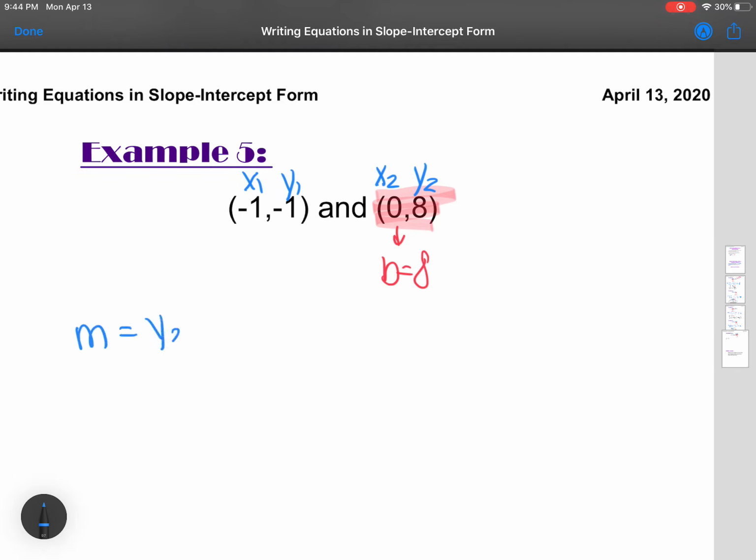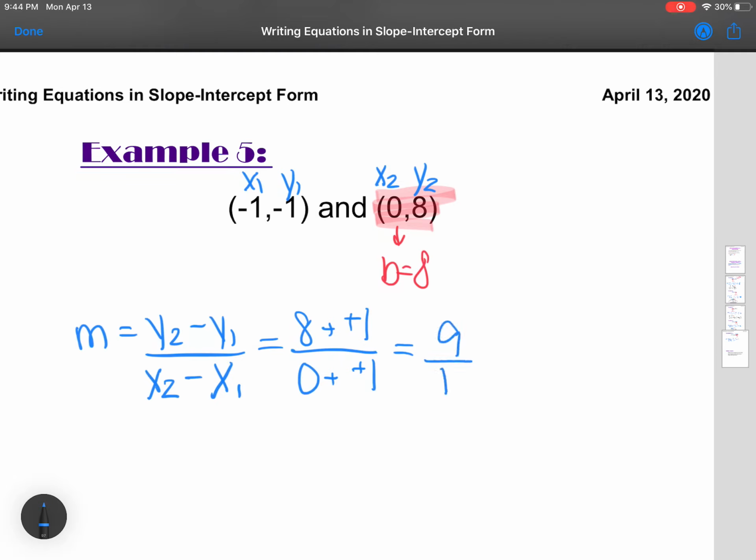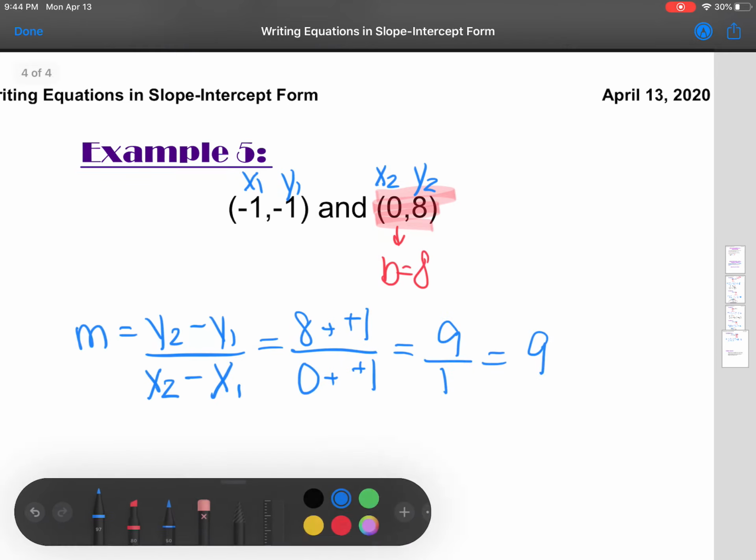M equals y2 minus y1 over x2 minus x1. So 8 minus negative 1 over 0 minus negative 1. This becomes 8 plus 1 over 0 plus 1. So 9 over 1, or 9 is my m.